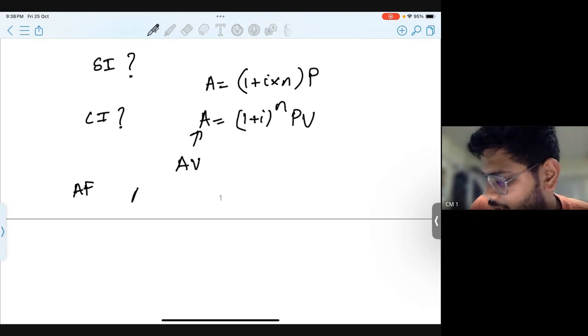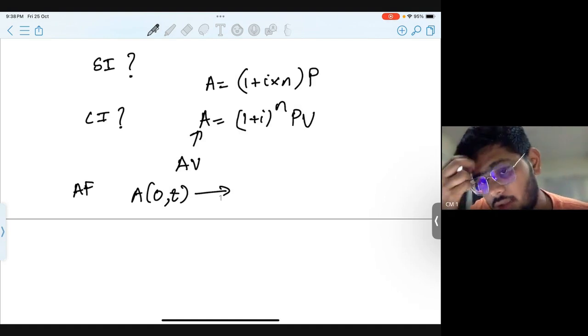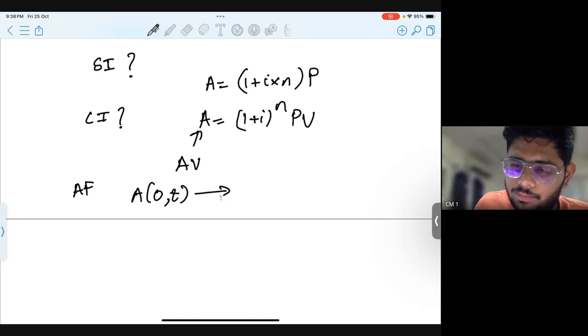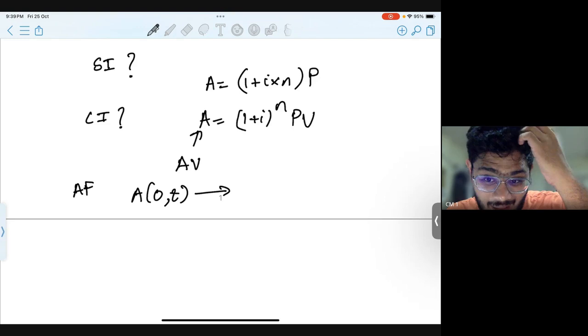Everybody familiar with what the accumulation factor is? If I say A(0,t), you understand what that means? Listen, I won't move forward until you tell me.